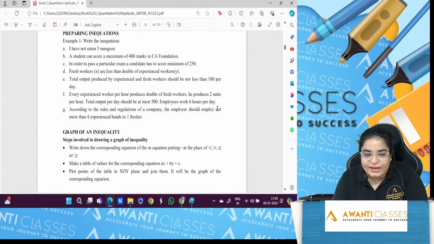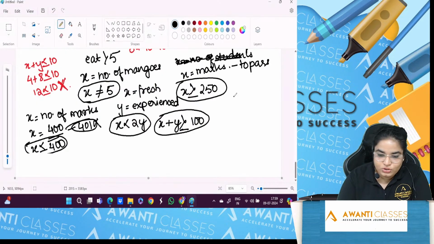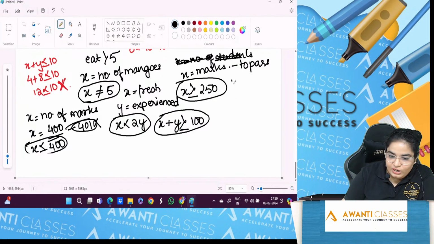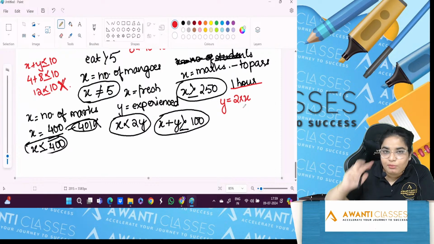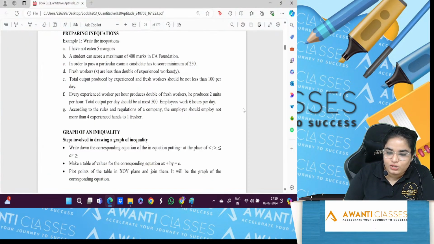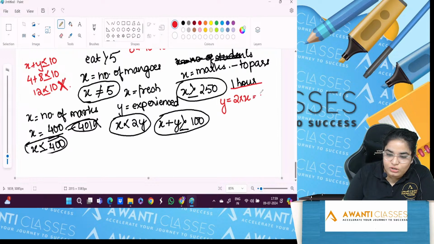Next question, let's see. F. Every experienced worker per hour produces double of fresh workers. So, in every 1 hour, if it is an experienced person, they are producing 2 into x. Double of fresh workers they are producing. So, y is equal to 2x.